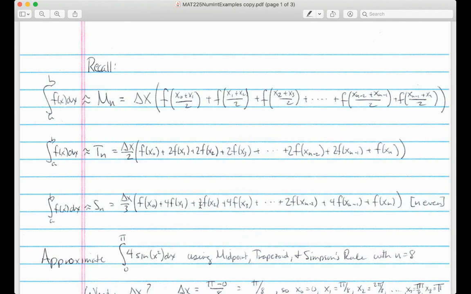And so this 2 comes from the fact that we would wind up having an f of x2 plus 4 f of x3 plus f of x4 to come up with the area underneath the second parabolic arc, etc.